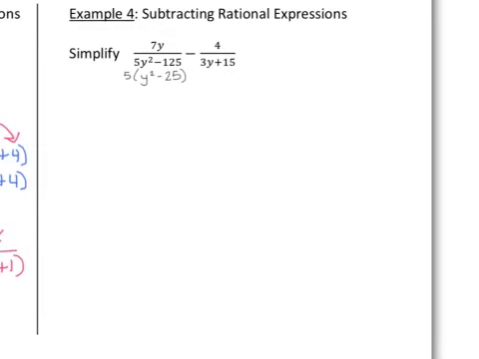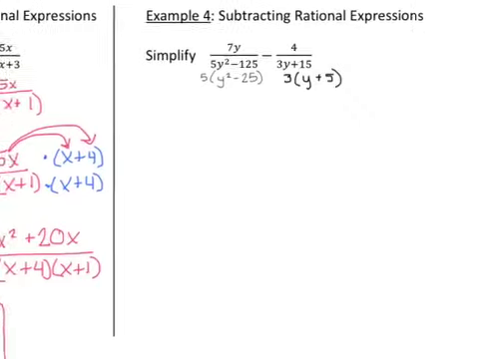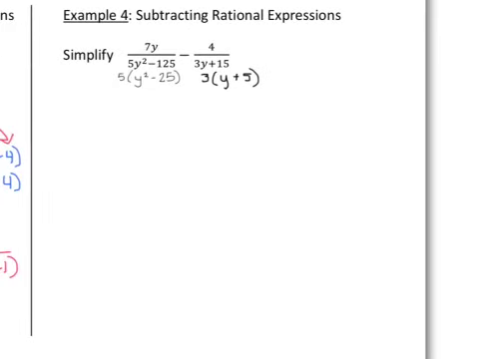Wait, can you not pull a 3 out of the other? Yeah, we can. You want to go ahead and do that? So if we pull a 3 out, what do we get? y plus 5 left. All right, so the first step is to factor the denominators. So we get 7y over 5 times, we can factor that y squared minus 25.